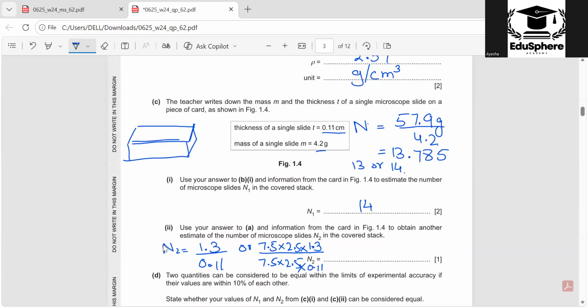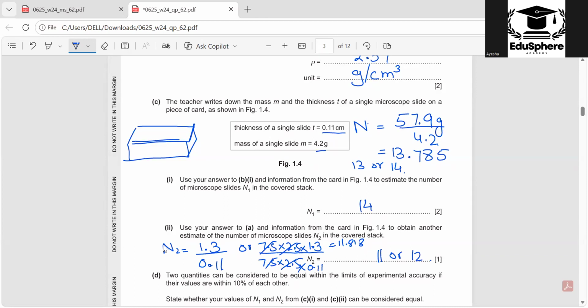Why am I doing it? Because the length and the width will be the same, only the thickness will be different. So these two will be cancelled and the answer is 11.818. If we round it, we can get 11 or 12. So both ways you can find it out.